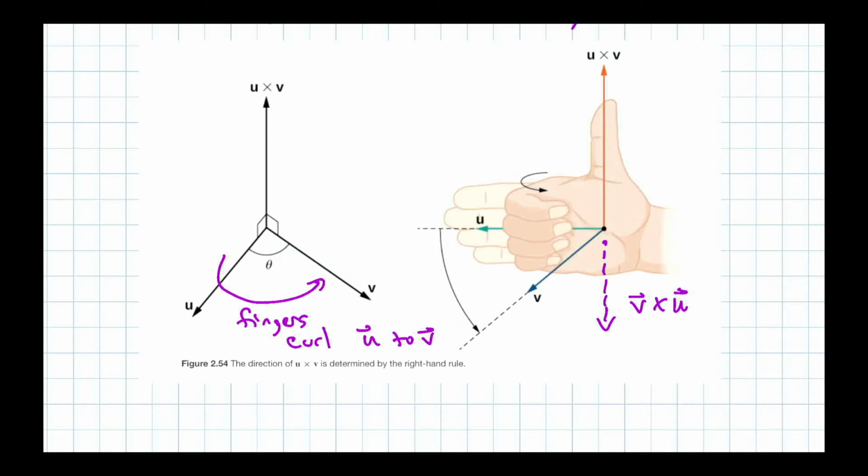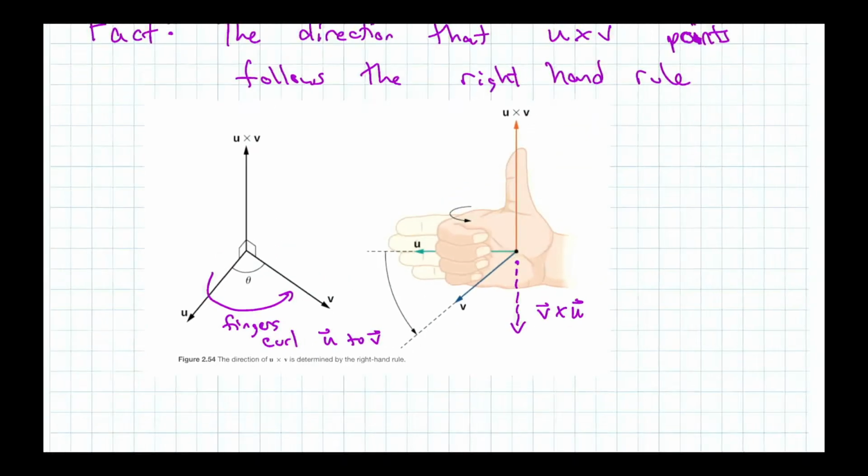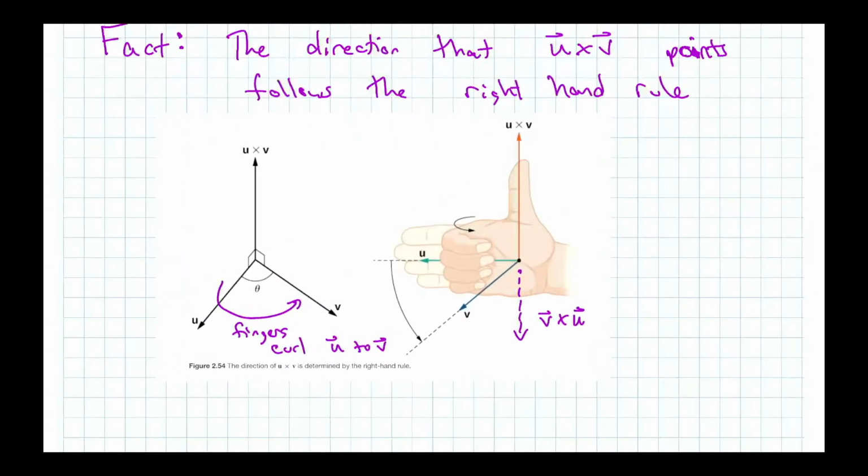It's not really any deep insight, but that's the way it works. And so it's a right-hand rule, just like our axes in 3 dimensions are a right-handed axis for the same reason, right? X and then Y, and then your thumb points in the direction of Z. U and then V, and then your thumb points in the direction of U cross V. So that's just the direction that the cross product happens to point.